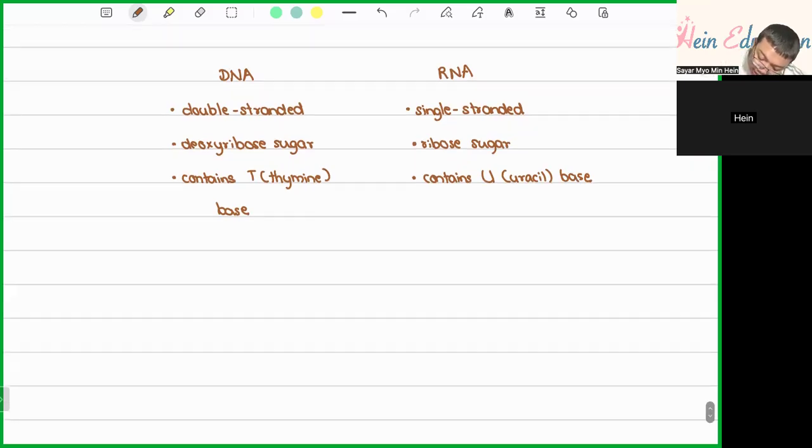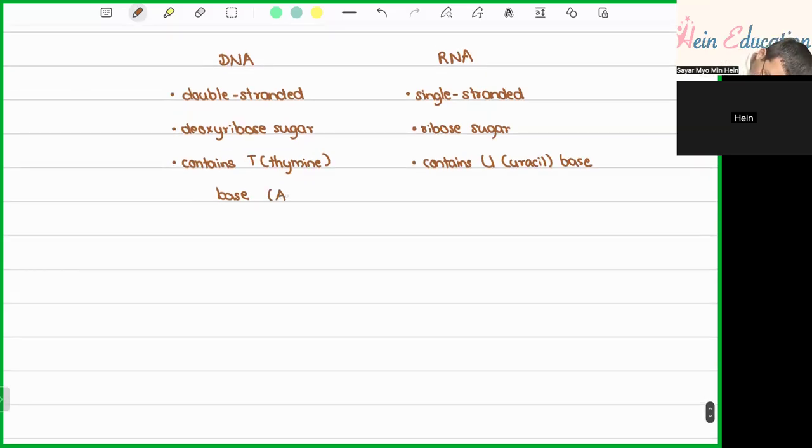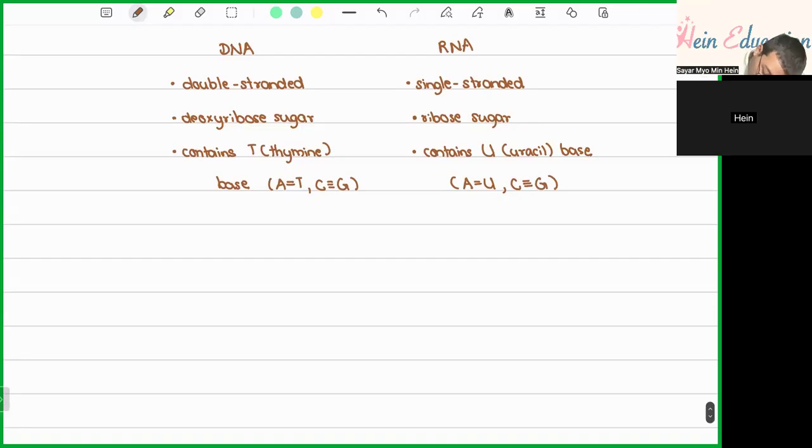So what it means is that for DNA, it will be AT and CG, but for RNA, it will be AU and CG. And DNA is a larger molecule and RNA is a smaller molecule.